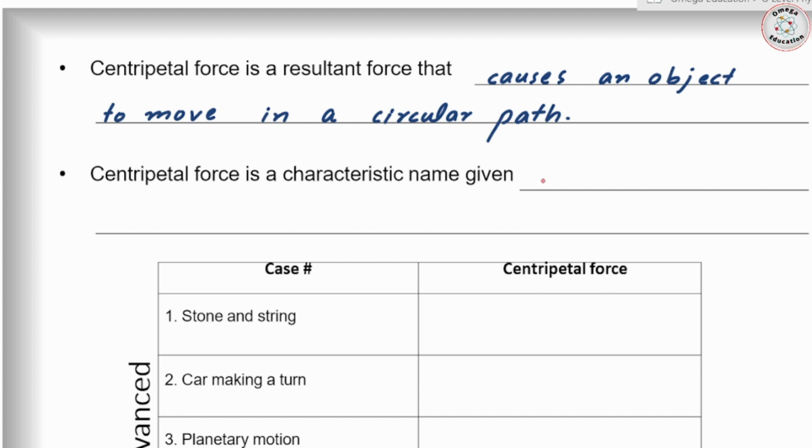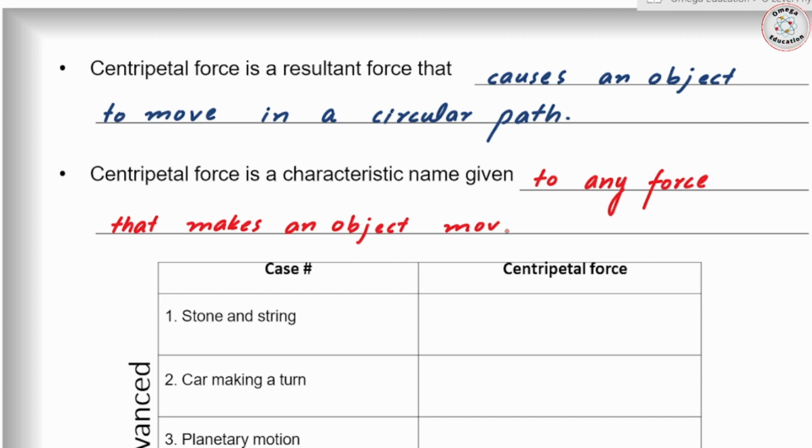So it is a name given to any force that makes an object move in a circle.